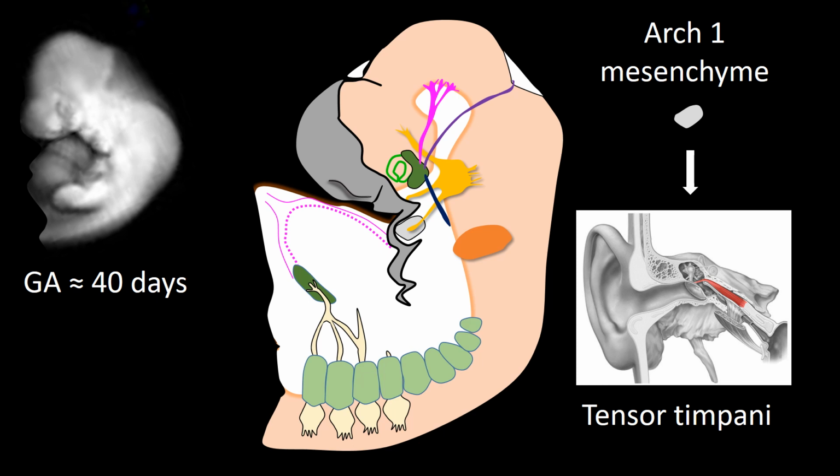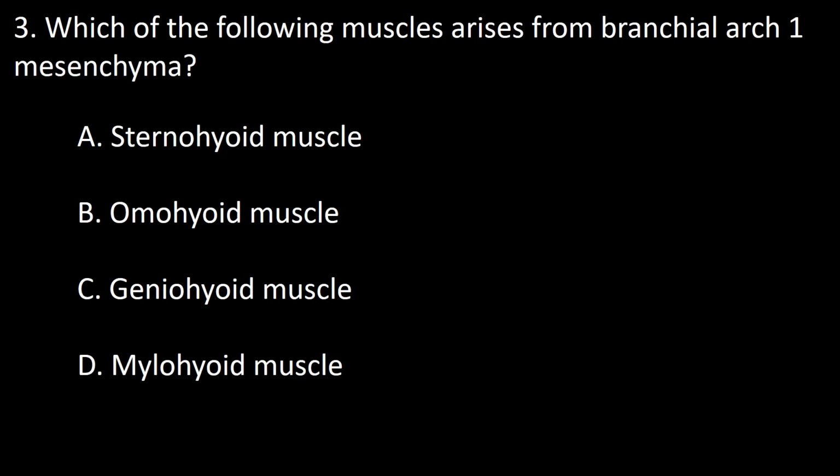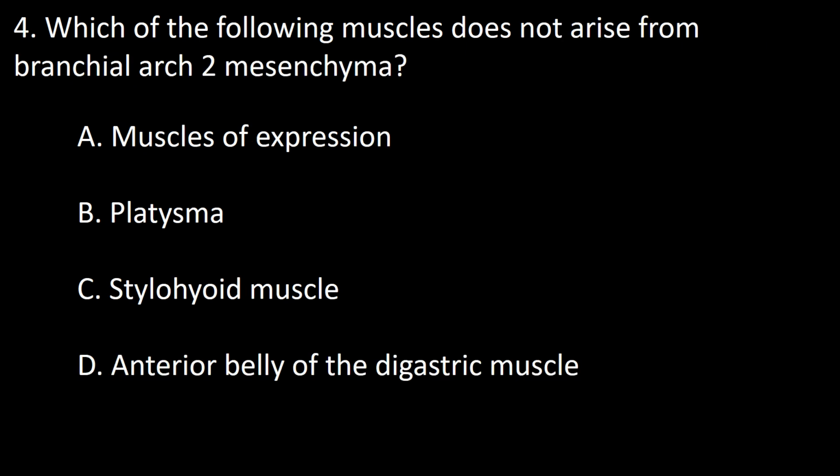Notice that all cranial muscles with the word tensor are innervated by the trigeminal nerve. So the answer to this question is D. Next question. Which of the following muscles does not arise from the branchial arch 2 mesenchyma?